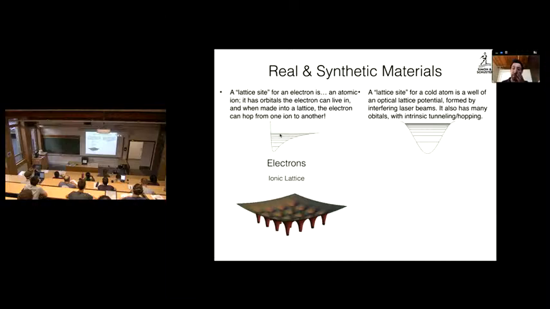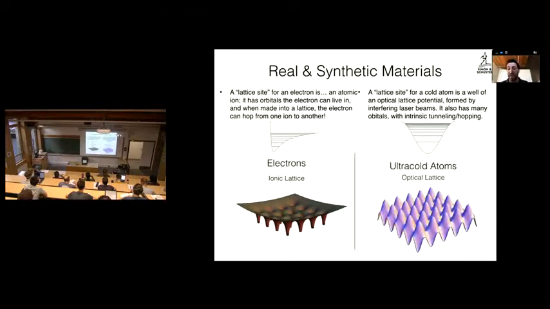Now, similarly, when we study this physics with cold atoms, we make the lattice for the atoms out of laser fields, okay? And the point is that, again, each lattice site is a sinusoidal potential well, and that has a bunch of different orbitals.